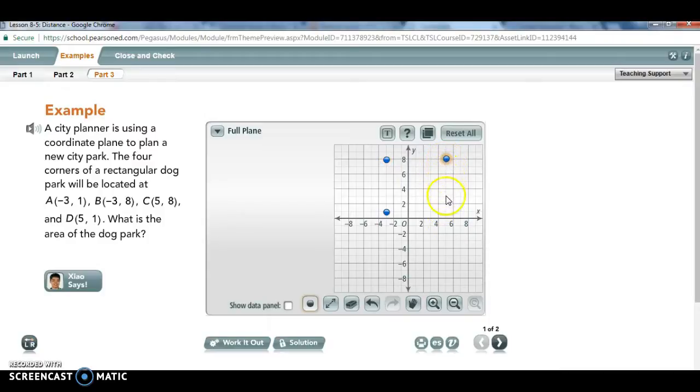And D is at (5, 1). From here, you have to count the distance, or what we can do is add our absolute values to find out the side length of this segment and the side length of this segment, because area is length times width.